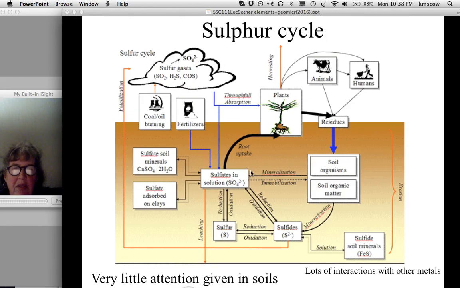So we have mineralization and mobilization, oxidation reduction reactions between all these different forms of sulfur. And then we have an atmospheric phase as well, although nothing quite like nitrogen in terms of the relative proportions. We don't know a lot about how sulfur acts in soil.